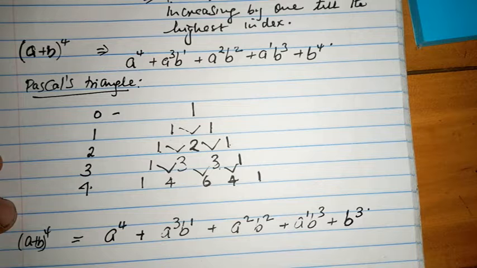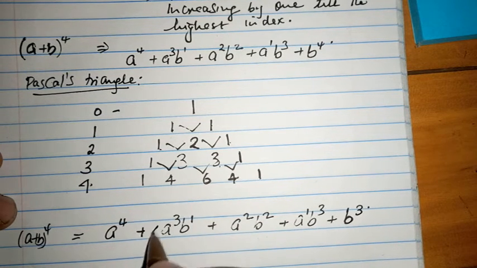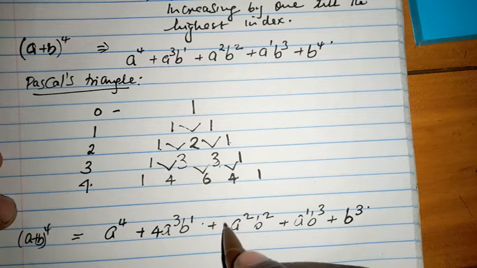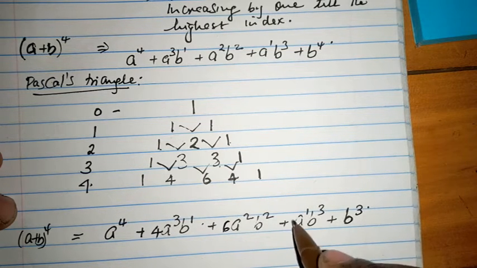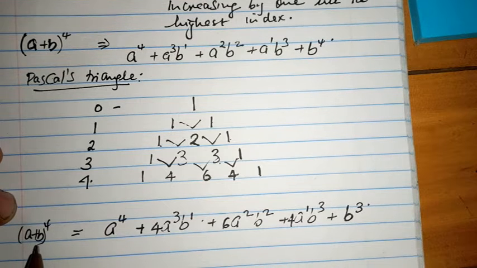Now we bring in the coefficients. We have 1, 4, 6, 4, and 1. So that becomes the expansion of (a plus b) raised to power 4.